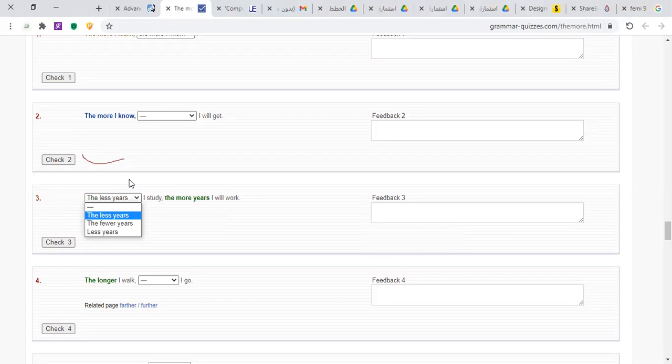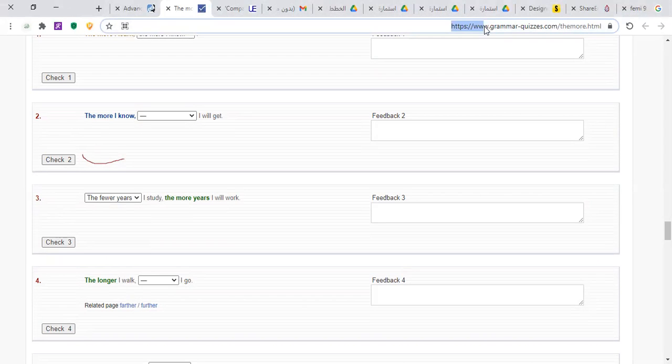It comes with plural, and they are countable. So it's going to be the fewer years. Okay? When you search about this grammar, just write "the more and the more," and you will find it.